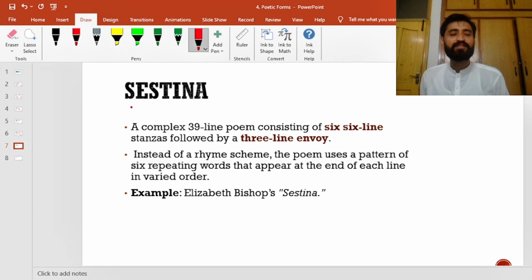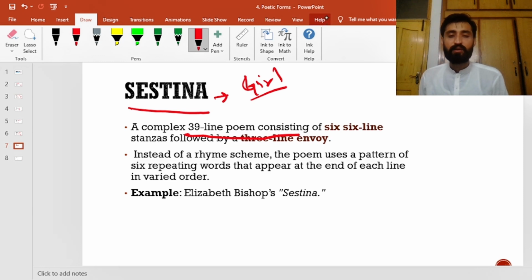That is Sestina. Look, from the term, it seems that it's the name of a girl, right? But I don't think so, okay? Let's find out. What do we have when it comes to Sestina? A complex 39-line poem, consisting of 6-line stanzas followed by a 3-line envoy.